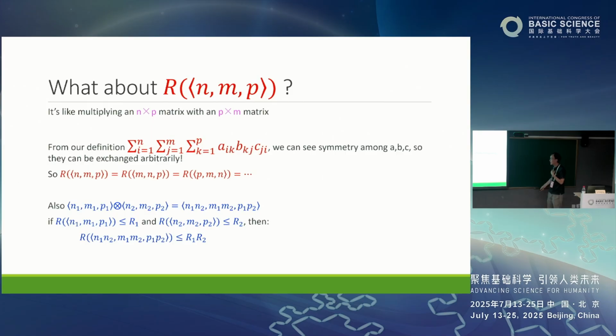Their rank can also be bounded: if this one is less than or equal to R1 and this one is less than or equal to R2, then the rank of the tensor product is less than or equal to R1 times R2. You can just think of it as a divide and conquer step. That is, first we divide the matrix using this, and then divide the matrix using this.